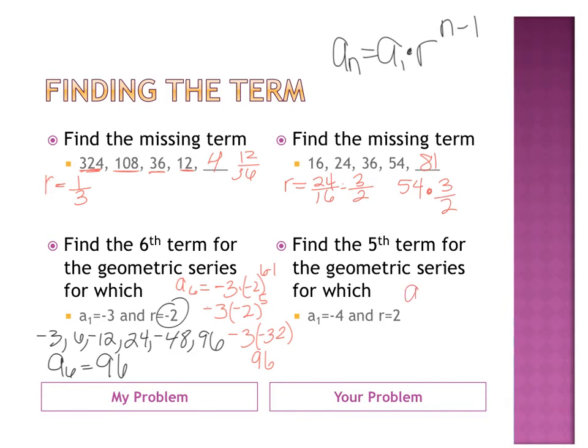If a5 is what I want to find, my a1 is negative 4, my r is 2, to the n minus 1, which is 5 minus 1. That's negative 4 times 2 to the 4th, which is negative 4 times 16. Negative 64 is your 5th term. And if you wrote it out, you got that as well, right?